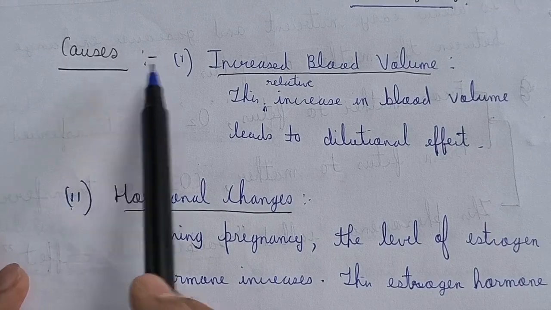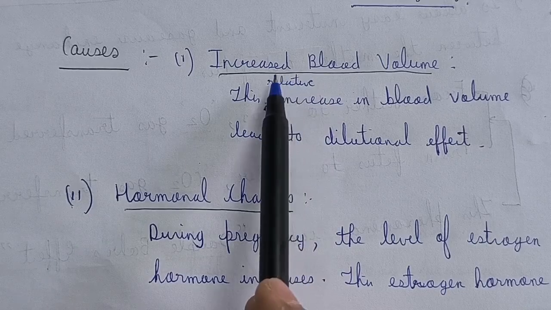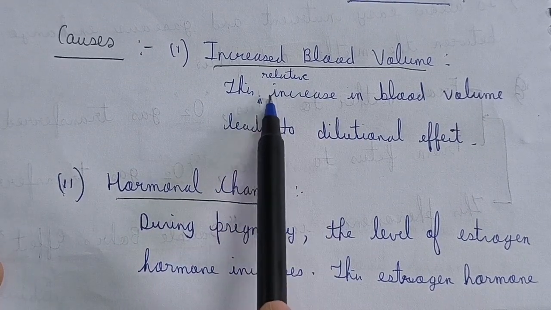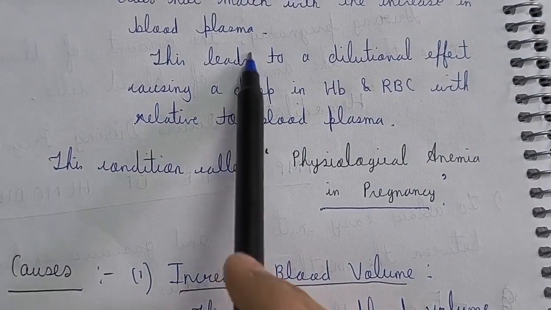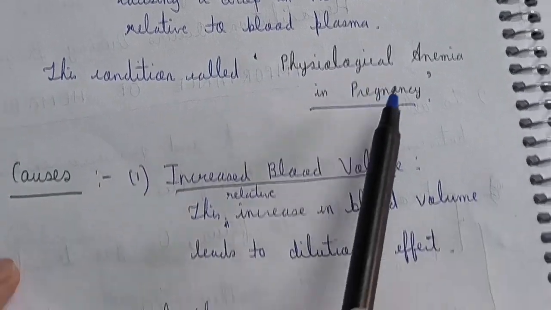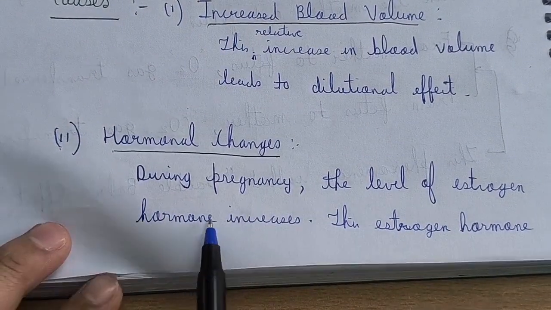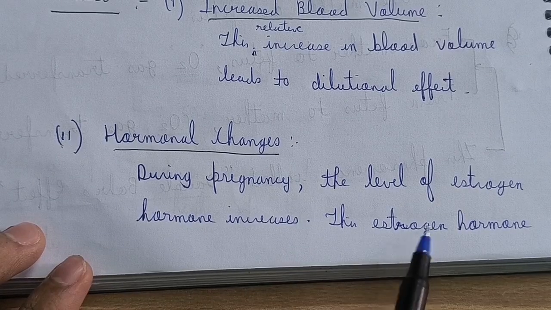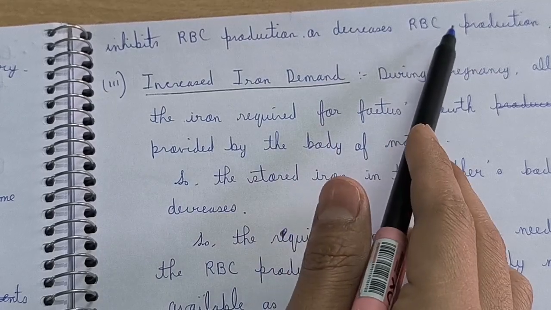The causes: first, increased blood volume. This relative increase in blood volume leads to a dilutional effect, and due to this dilutional effect, hemoglobin and RBC level drop, so physiological anemia occurs during pregnancy. The next are the hormonal changes. As I mentioned, during pregnancy the level of estrogen hormone increases, and this estrogen hormone inhibits or decreases RBC production.